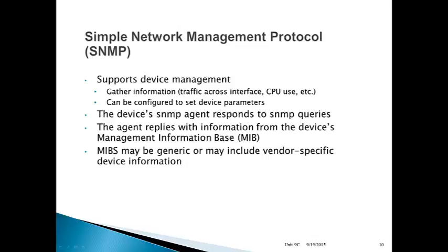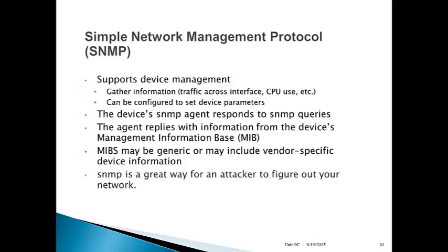Cisco, for example, supports a good deal of vendor-specific MIBs that will give you information about Cisco-specific protocols and additional information beyond just the standard ones. You can't use those Cisco-specific MIBs, though, if you've got Juniper devices. They simply won't respond. SNMP is very useful to network managers, and it's also a great way for an attacker to figure out your network.